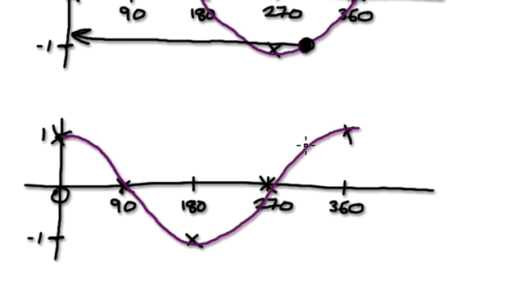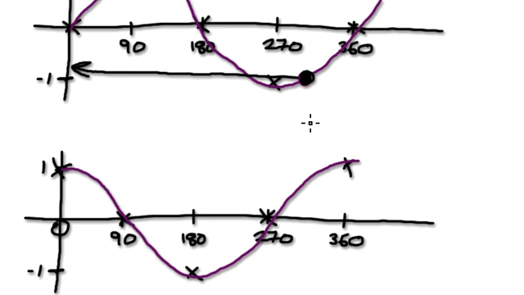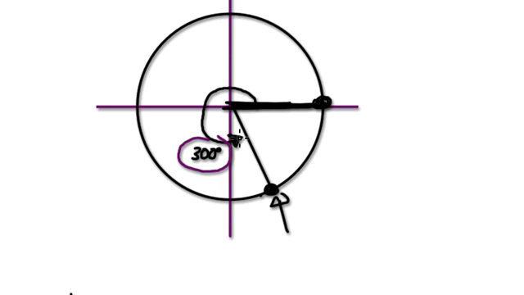Okay, and 300 we're going to guess around here. Just guess around here, and notice that it's a small positive. If you look at this point here, the cos will be positive. Can you see that? Small positive from here to here.